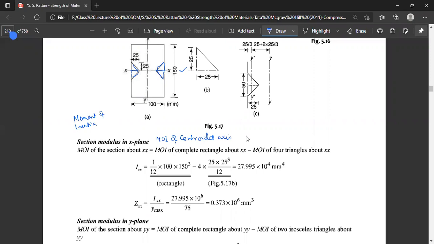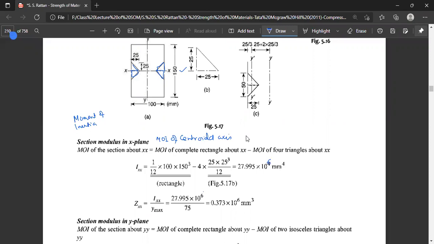So if we put this I value 25.995 into 10 to the power 4, this is not 6 but 4, and divide by 75, it will become 0.373 into 10 to the power 6. It is supposed to be 6.